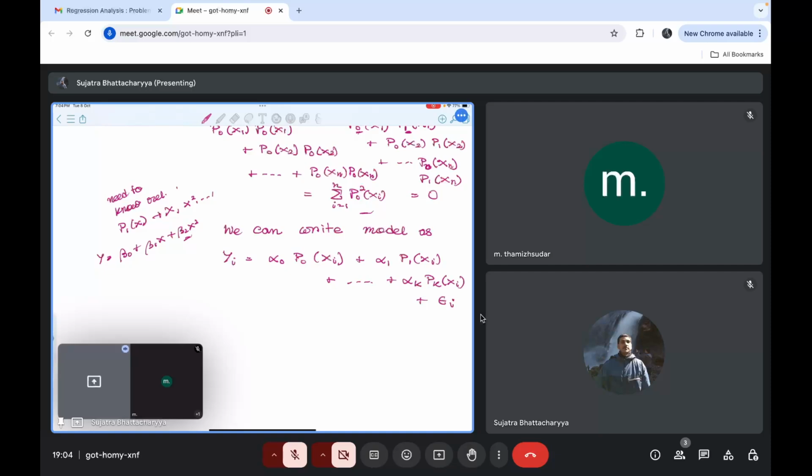This alpha naught, alpha 1 are not the actual coefficients beta naught, beta 1. They are some kind of reduced coefficients due to the introduction of these orthogonal polynomials. Just remember this part.